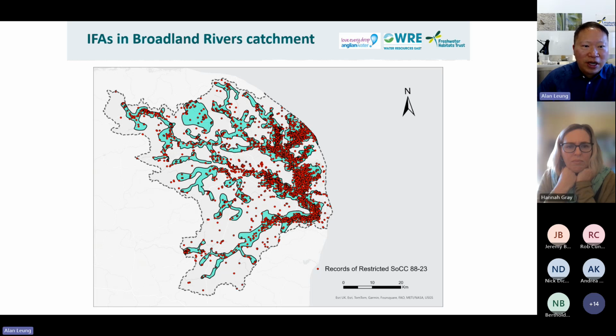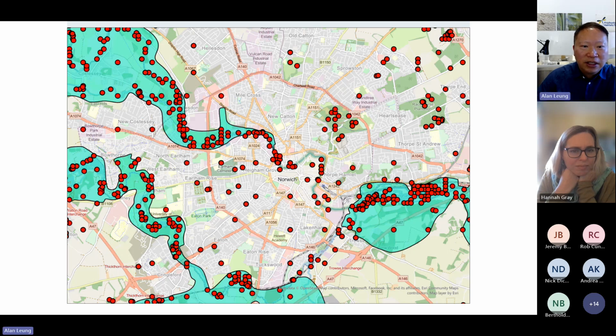If you look at this map, you may have a question in your mind: why does a certain area seem to support quite a lot of species of conservation concern, but is not included in the IFA? This gives you an example. This is a close-up map of the city of Norwich.